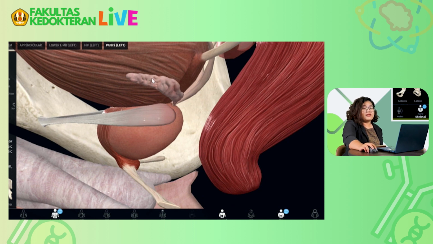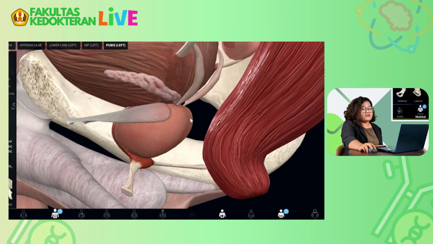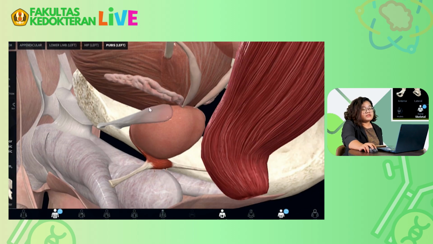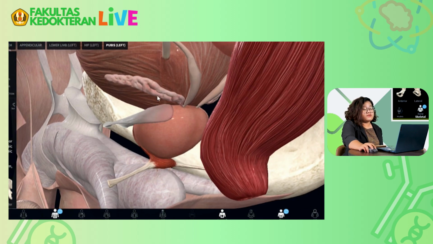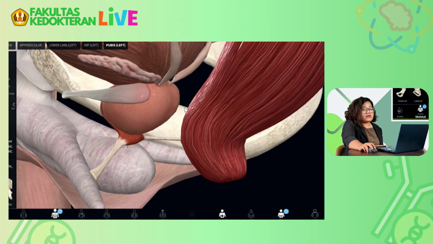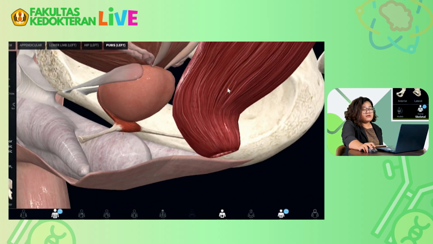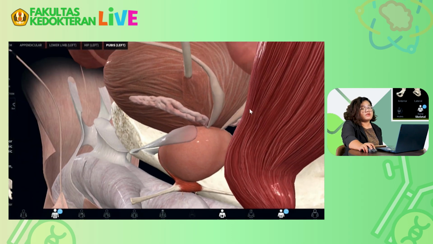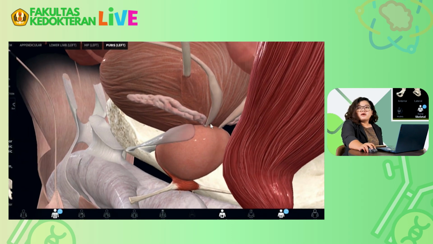In the pelvis it's very tightly compacted, so it's a lot closer than it looks. And don't forget that everything I talked about, the testis, the epididymis, the vas deferens, and also the seminal vesicle, is a paired organ. So this one is the left one, and the right one is over here. I can give you a rotating look, but it will be blocked by the bone that I haven't removed here.